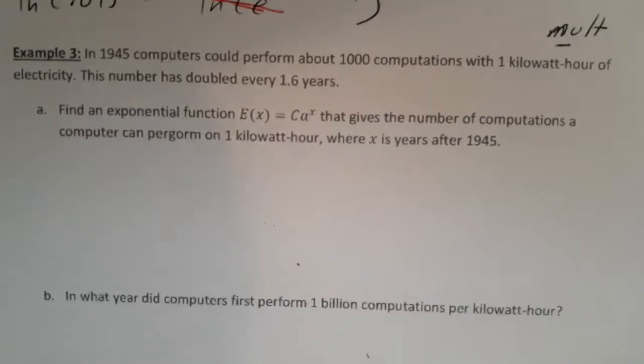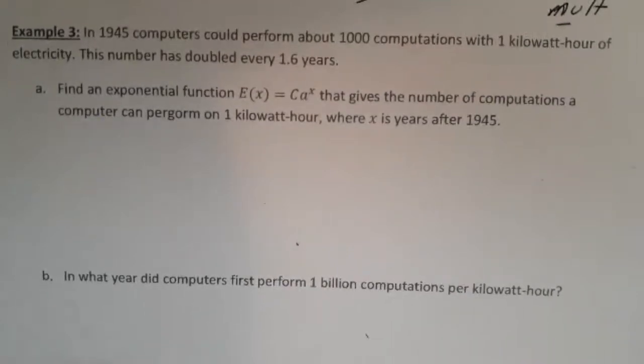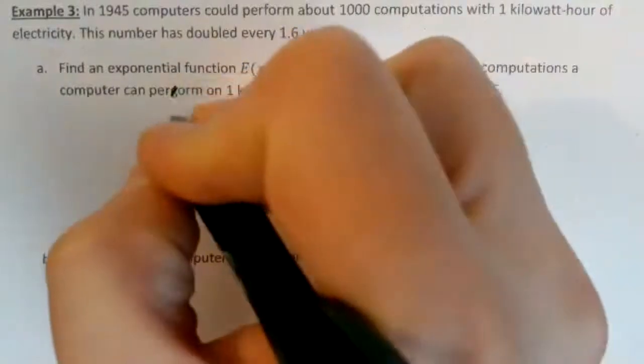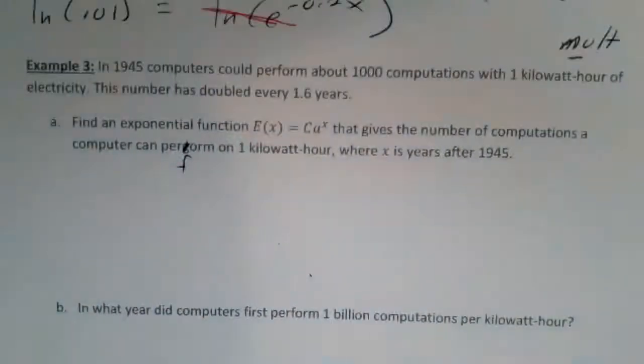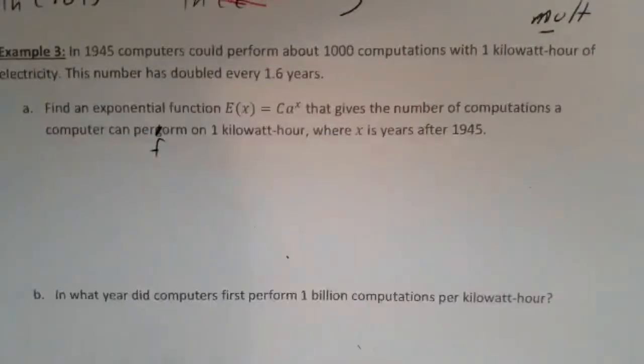Okay. So find an exponential function E of x that gives the number of computations a computer can perform on 1 kilowatt hour, where x is years after 1945.